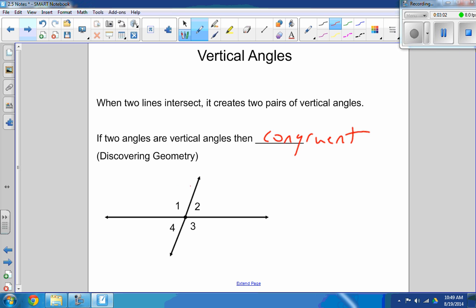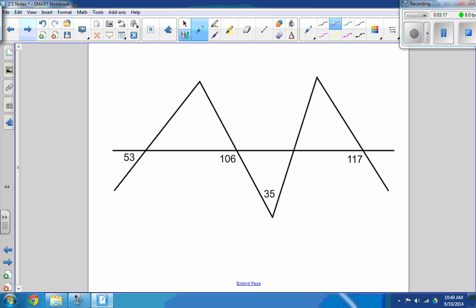Remember, congruent, we indicate with the tick marks. So they have the same angle measure. They are congruent. So let's use the idea of vertical angles and linear pairs, and let's solve for some angles.